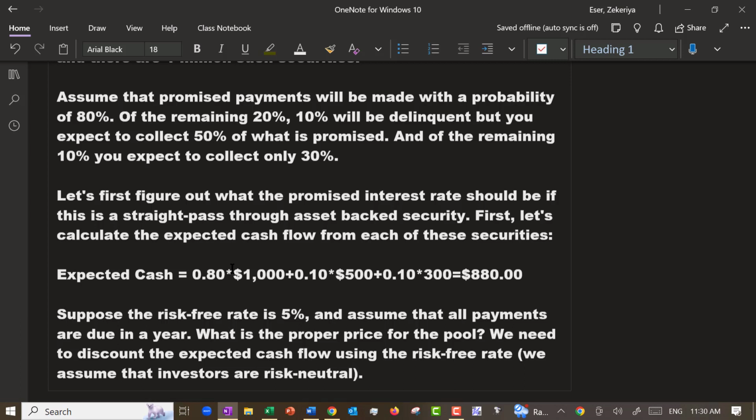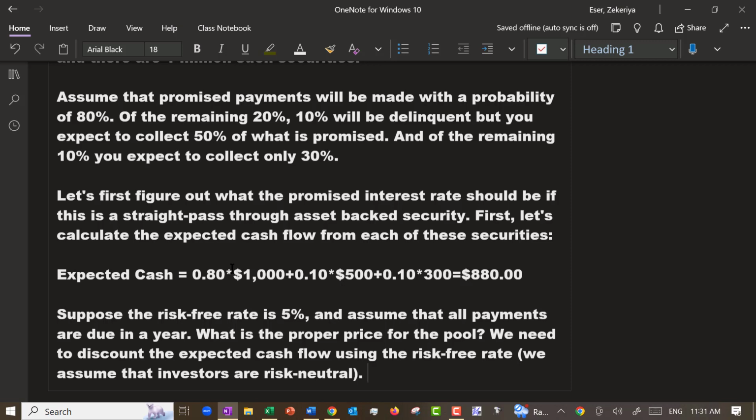For risk-averse investors, how to price these things properly is a matter of PhD level finance, so we're not going to go there. This is rather simple. It's just going to make the points that we want to make.